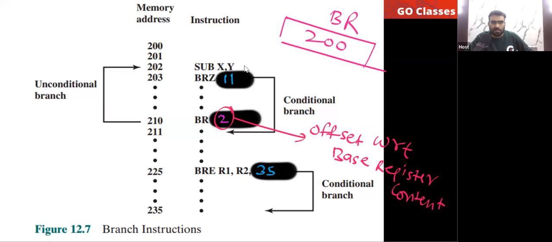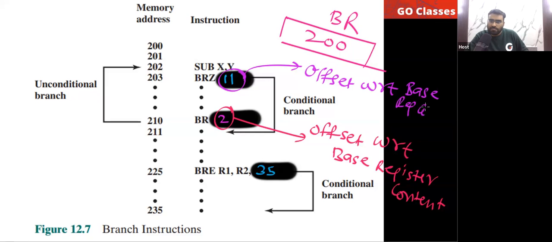Simple, right? So very easily you can do this. This is offset with respect to base register content. And this 200, the actual physical address, you will put in the base register. Now this is much easier.